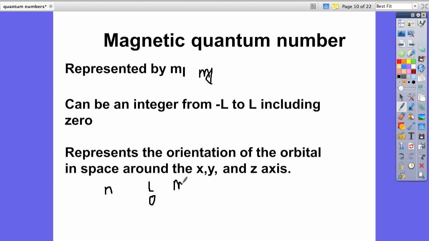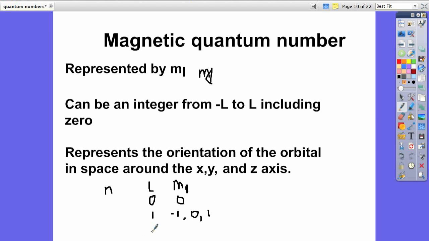The m sub l values are going to be the numbers between negative l and l, so this would be 0. If our shape is a p, it has an l value of 1. So our m sub l is going to be all the numbers between negative 1, 0, and 1.